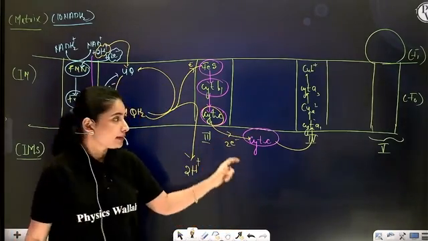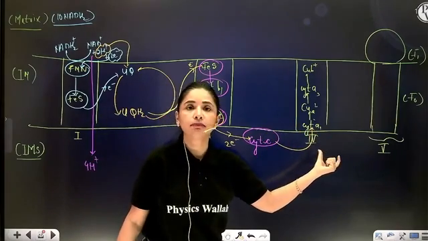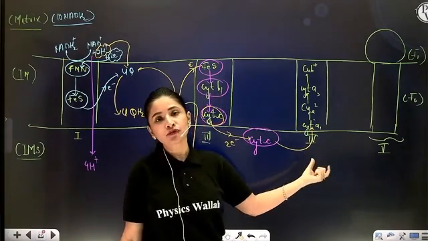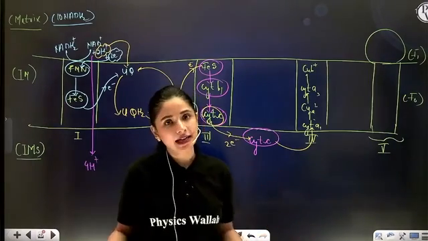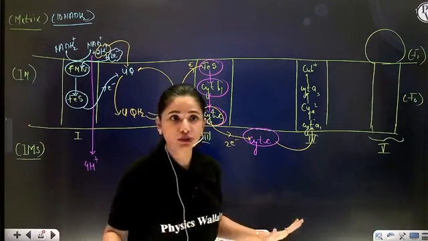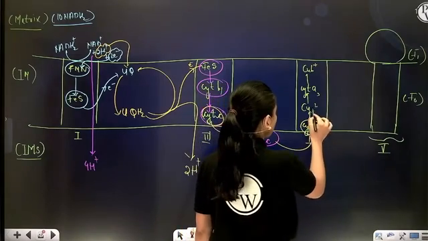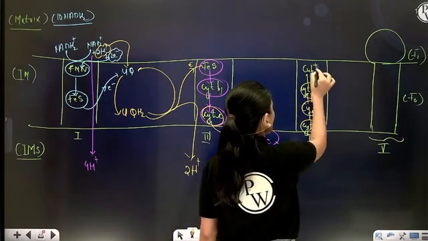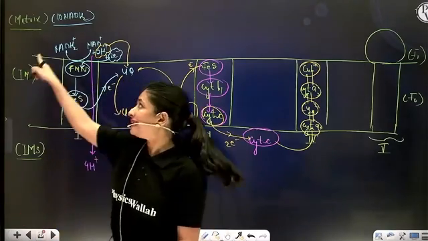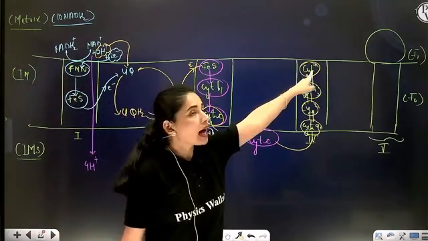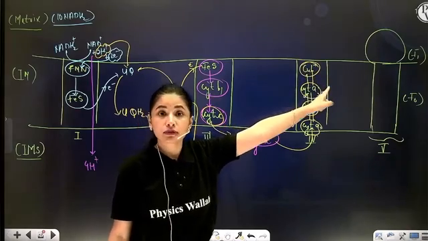So now the electrons are with complex 4. The component of complex 4, cytochrome A1, accepts the electron, but as the tradition says, it is not going to keep it. So it passes the electron on and on, and finally the electron from NADH2 has come to the last component of complex 4.